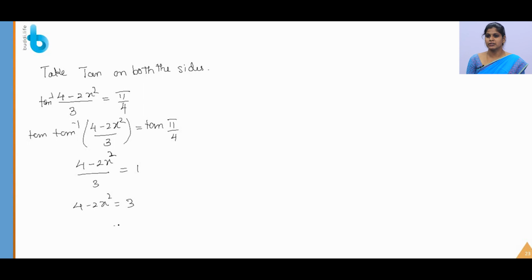So we will get 3 plus 2x square minus 4 equal to 0. Now 2x square minus 4 plus 3 is minus 1, equal to 0.